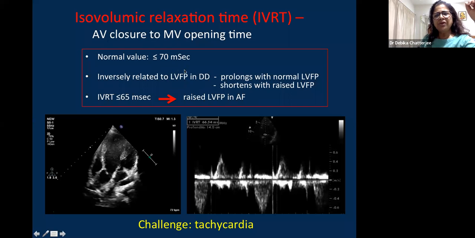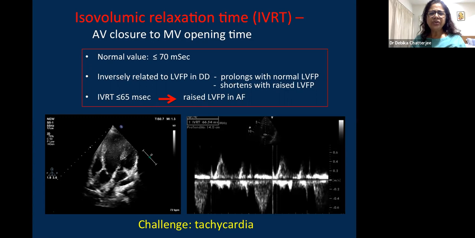If the LV filling pressure rises, then it shortens. And if LV pressure is normal, it gets prolonged. I mean, when it is prolonged, LV filling pressure is normal. When it is short, it's raised. Because of what, you know. See, if the myocardial relaxation is initially poor in grade 1 diastolic dysfunction, the mitral valve will take a longer time to open.